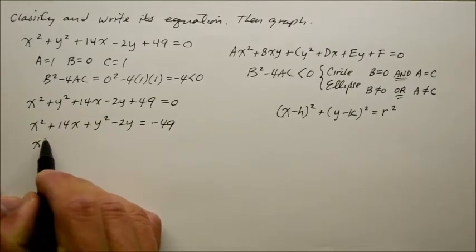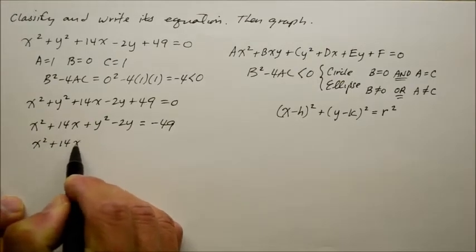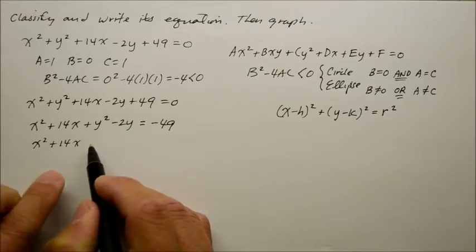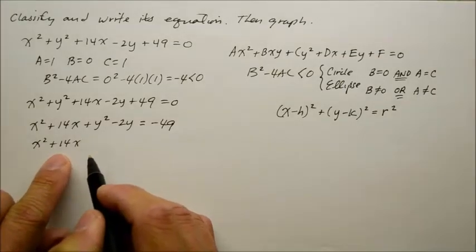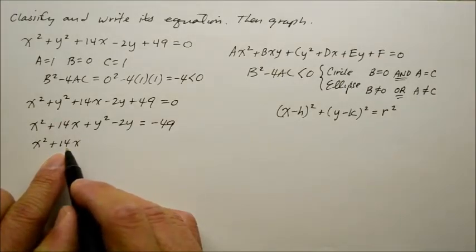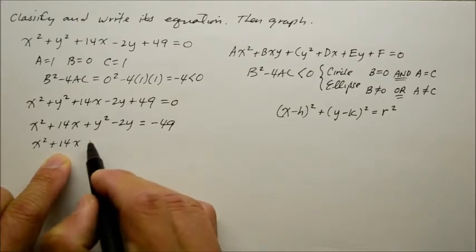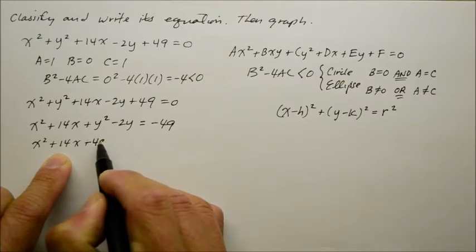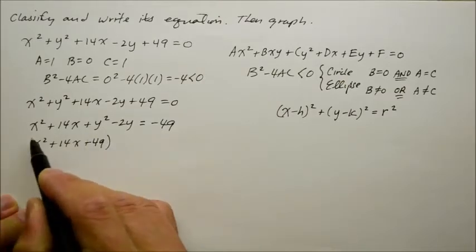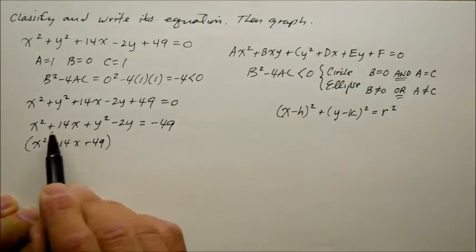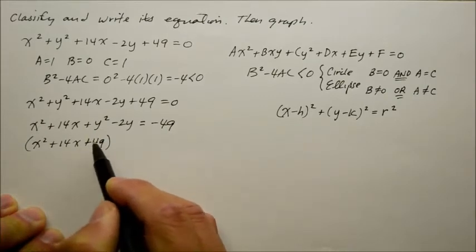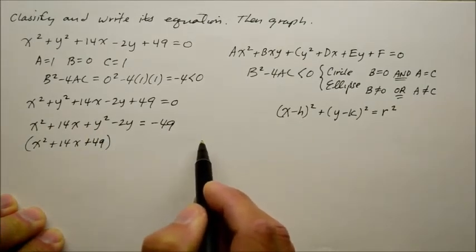So x squared plus the 14x. And the rule from the past, to complete the square, you take half the b, in this case 14, and half of 14 is 7. And 7 squared is 49. And since I am adding 49 to the left side of the equation, later on I'm going to have to add 49 to the right side as well.